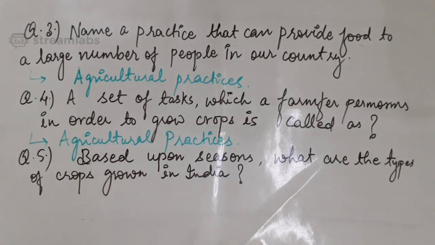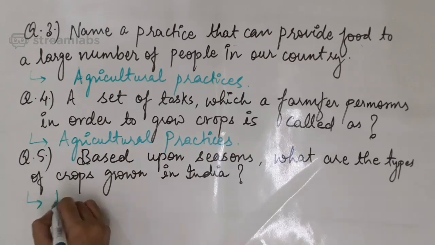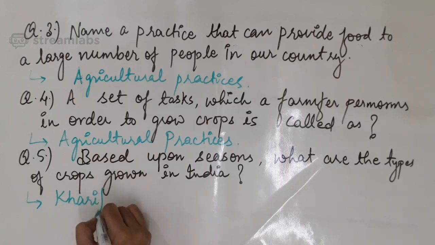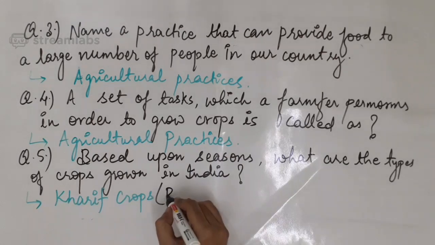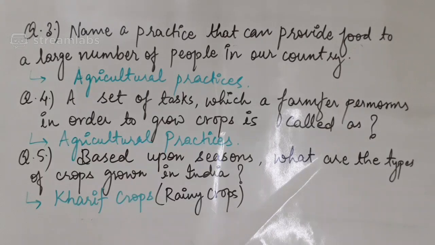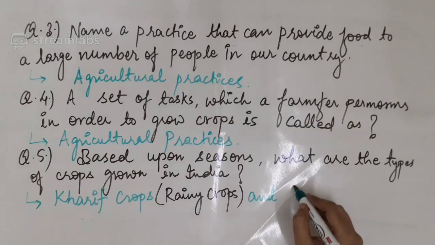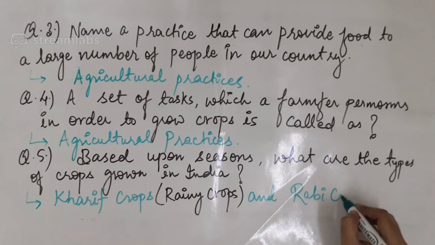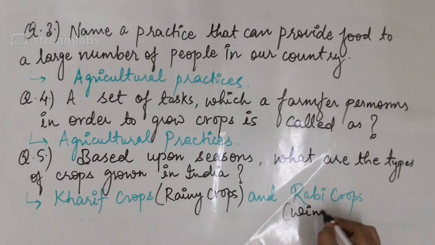So you know that the crops are identified on the basis of cropping patterns depending upon the season are Kharif crops. These are known as the rainy crops, and Rabi crops, which are called as the winter crops.